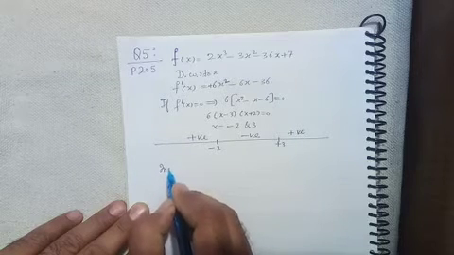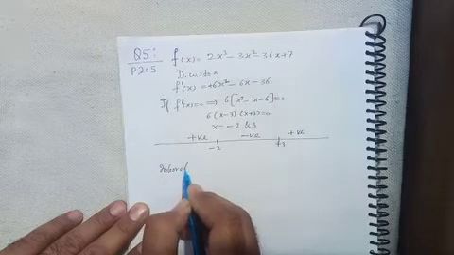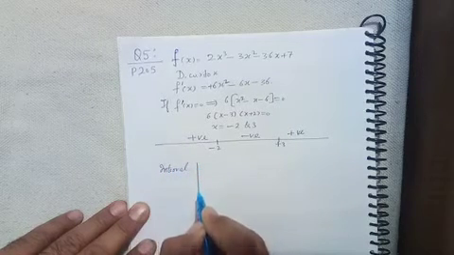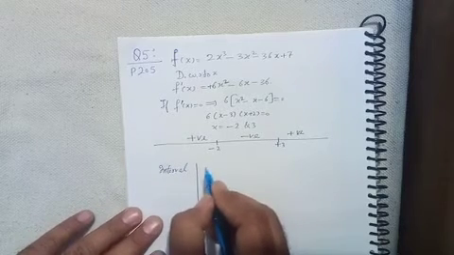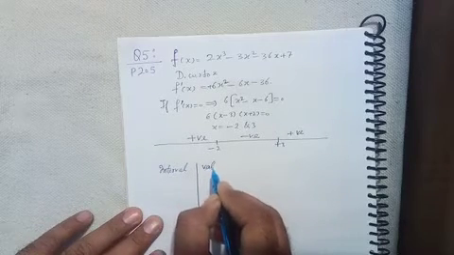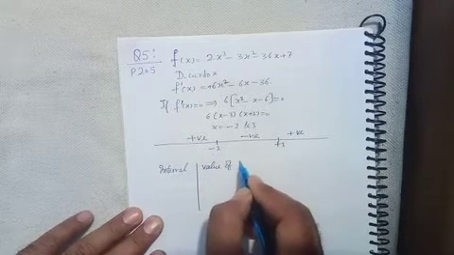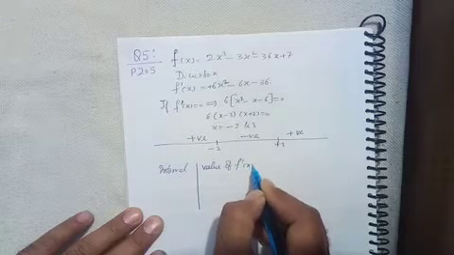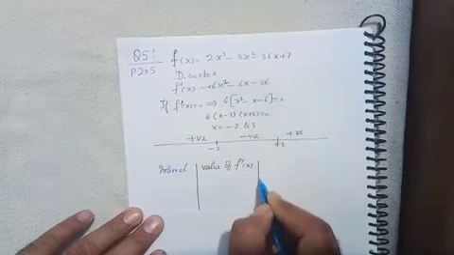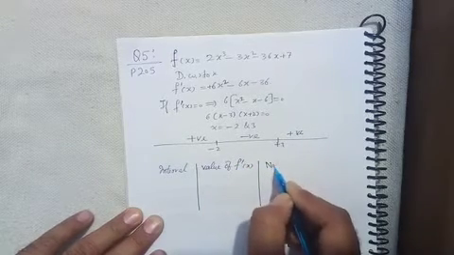Now prepare a table. First column is interval, second is value of f dash x, and third is nature of f.